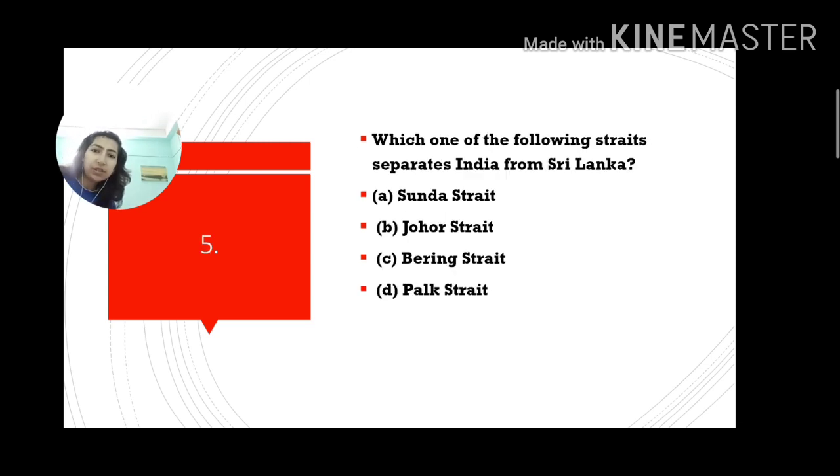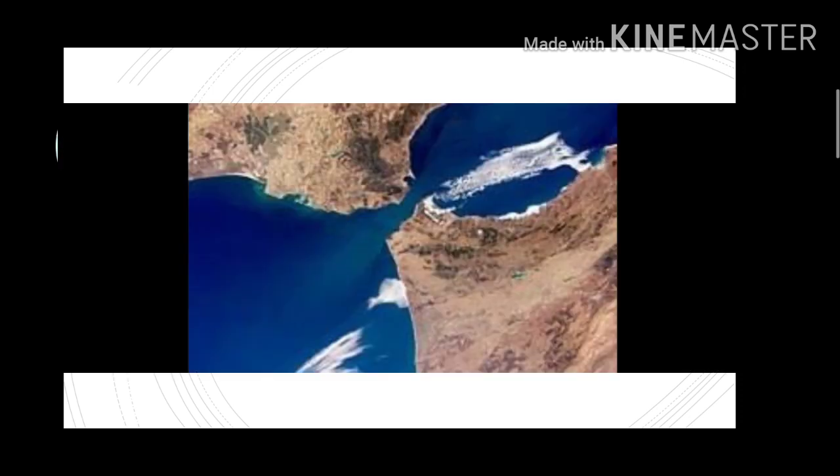Which one of the following straits separates India from Sri Lanka? Now, before this, just pause for a minute. What's a strait? S-T-R-A-I-T, strait. A strait is a narrow water body which connects two bigger water bodies, like two seas or any other bigger water bodies connected by a narrow water body. That's a strait.